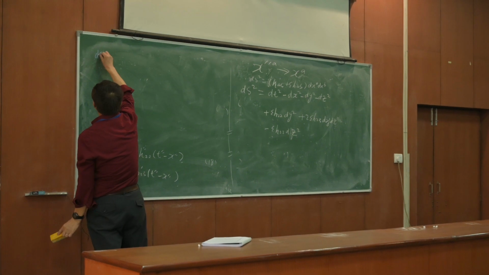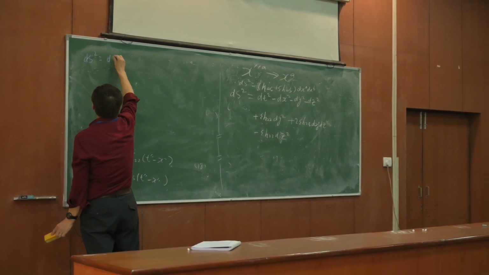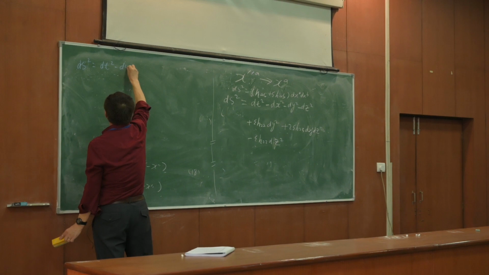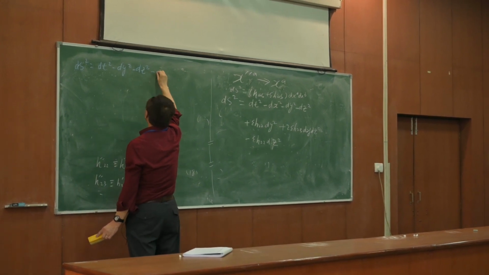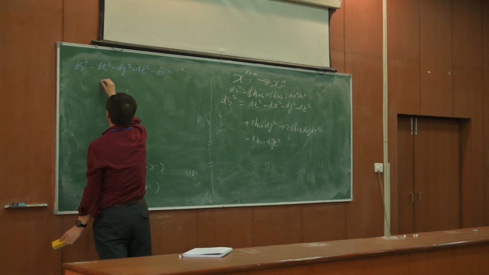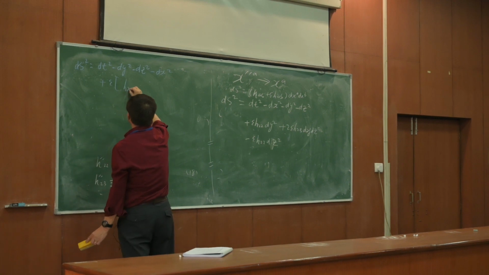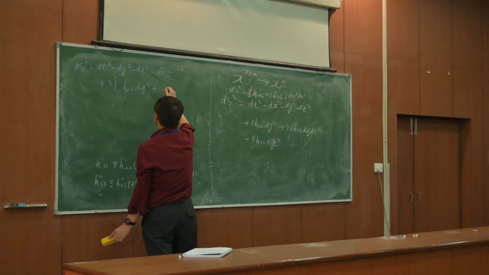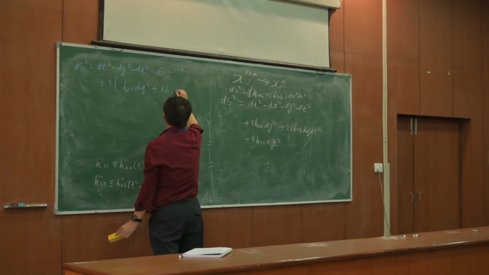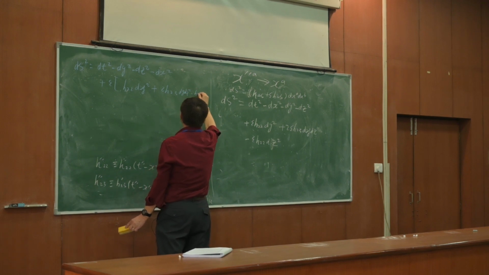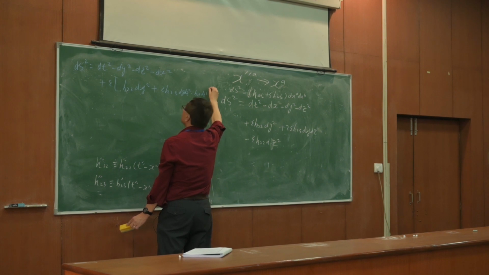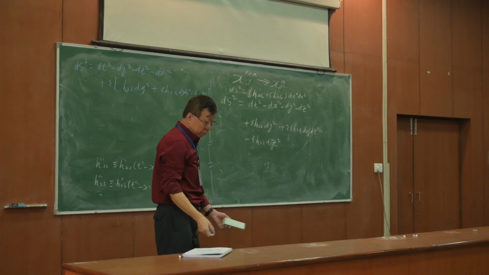So then actually we will work on this. I'm going to write here, ds^2 equals dt squared minus dx squared minus dy squared minus dz squared plus epsilon h_22 dy squared plus 2 h_23 dy dz, minus, so this is our metric.